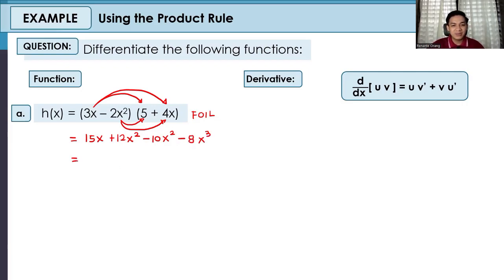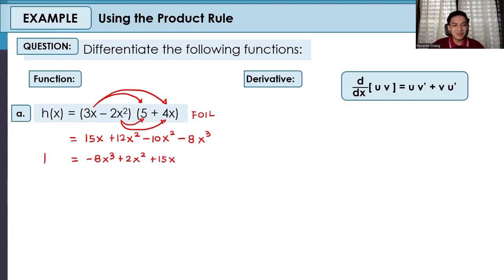So, combine like terms muna natin and then ilagay natin sa front yung mas malaki yung kanilang exponent. We have negative 8x cubed, positive 12x squared minus 10x squared. That is positive 2x squared. And then we have positive 15x.